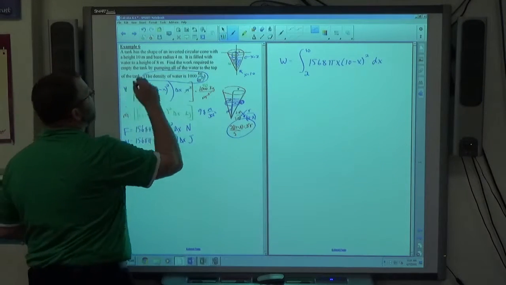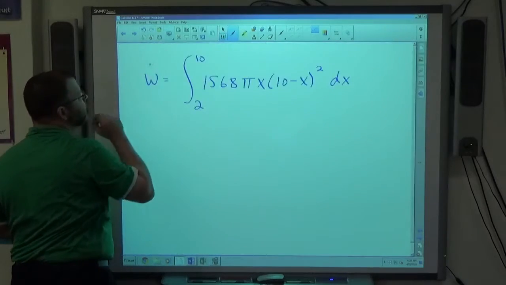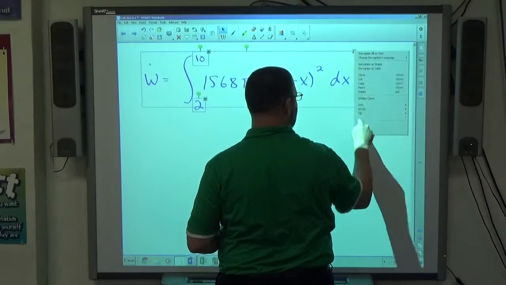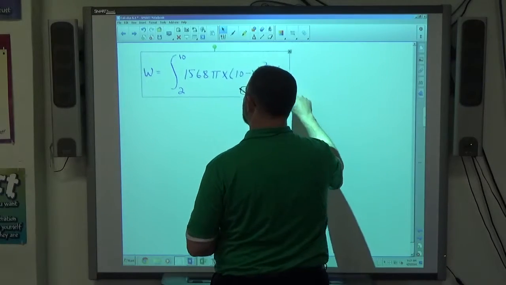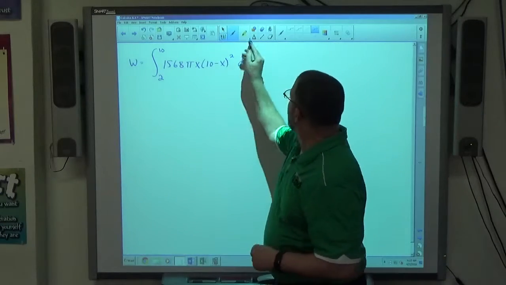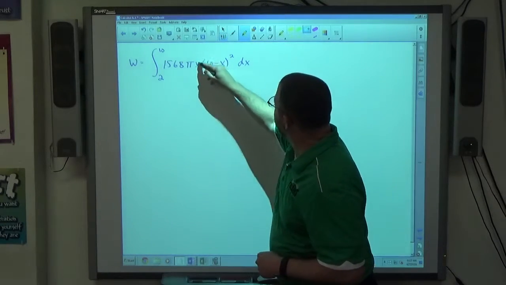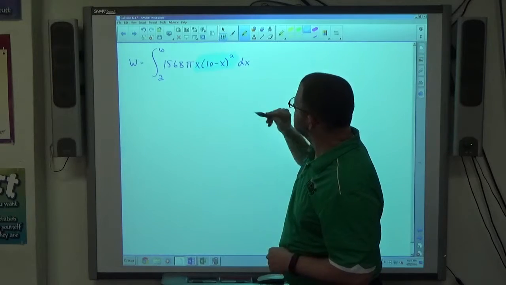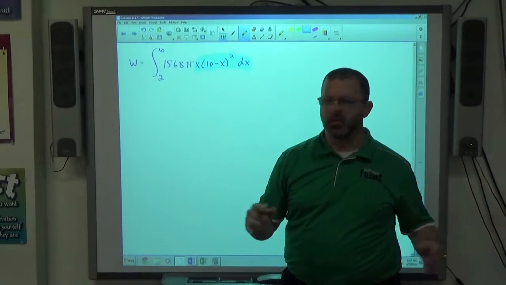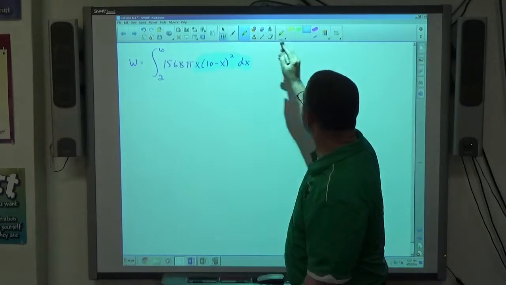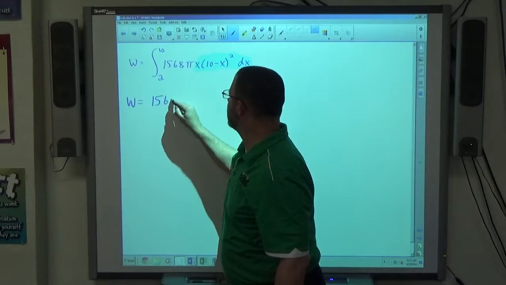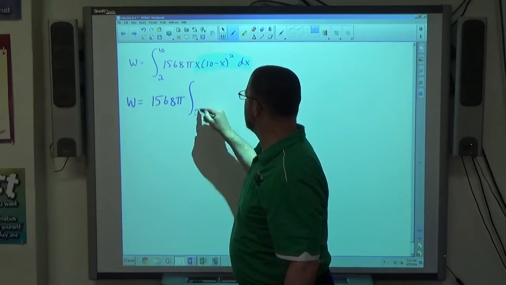So I'm going to go over to that page only. All right. My x objects are right here. That's what I'm really integrating. The 1568 pi is just a number, so I'm going to pull that number out of the integral just to make it easier to deal with. So work is going to equal 1,568 pi times the integral from 2 to 10.